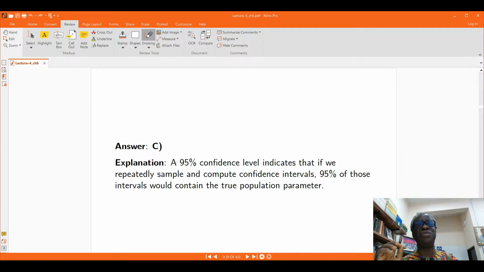Even many very experienced researchers often misinterpret this particular concept. So if that concept is clear to you, just type yes in the chat menu.